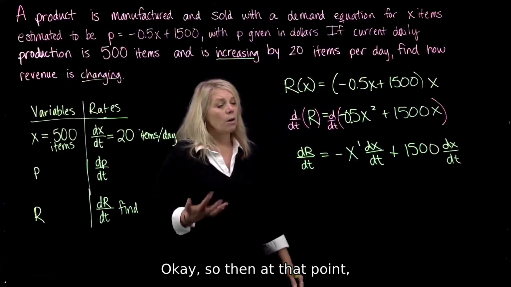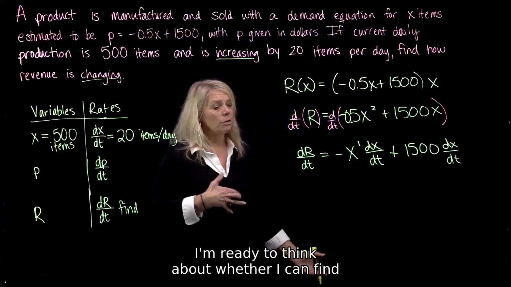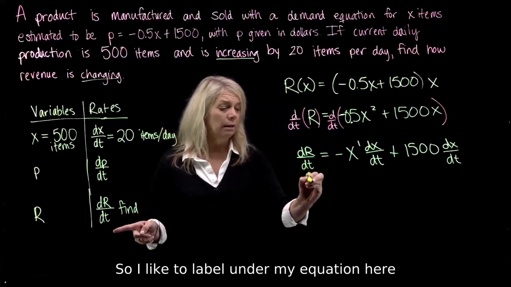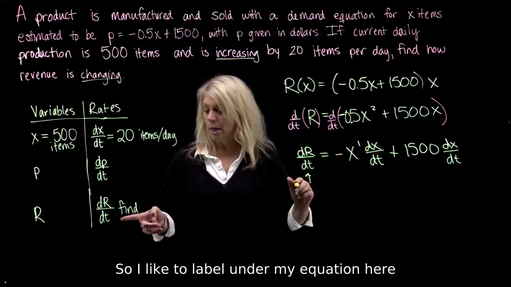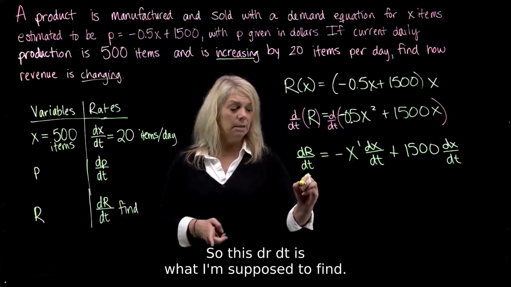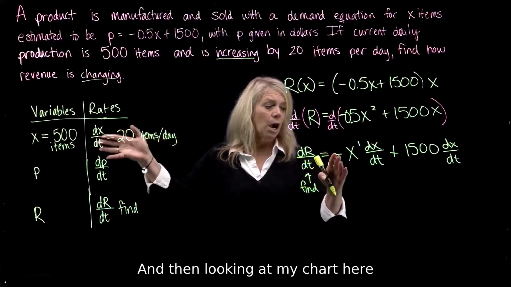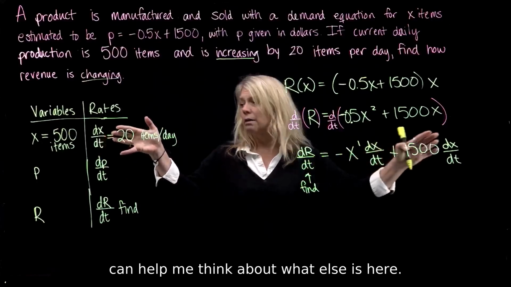Okay, so then at that point, I'm ready to think about whether I can find what I'm being asked to find. So I like to label under my equation here what I'm going to put in. So this dR/dt is what I'm supposed to find. And then looking at my chart here can help me think about what else is here.